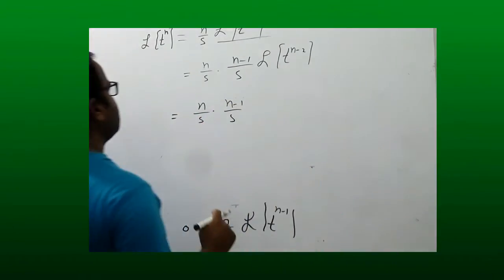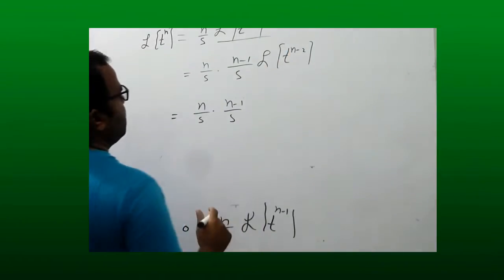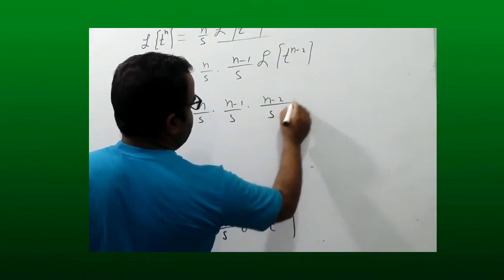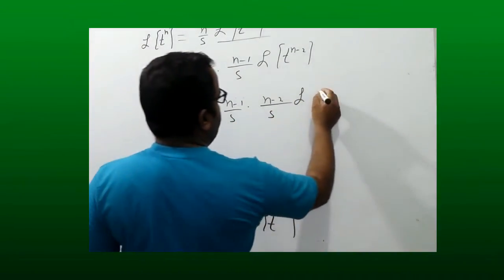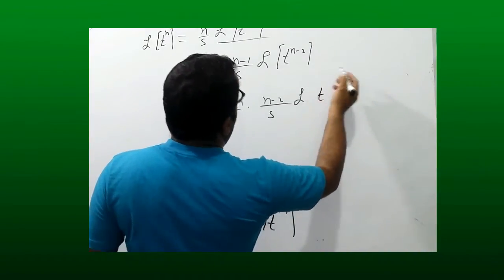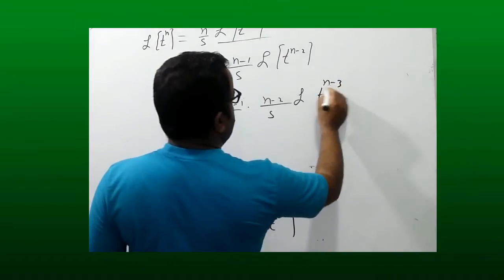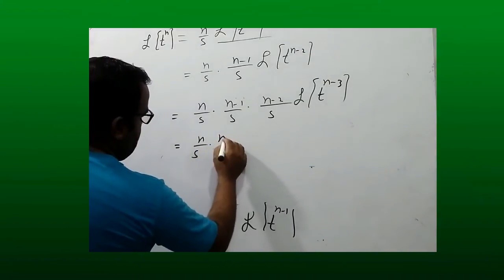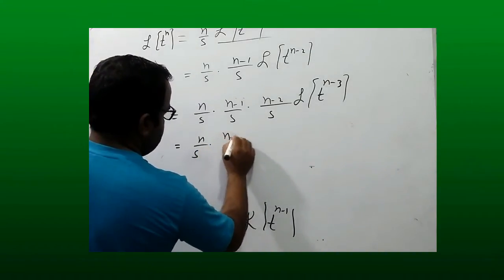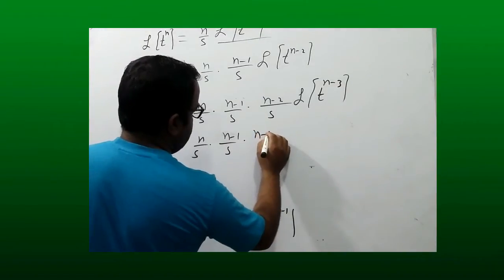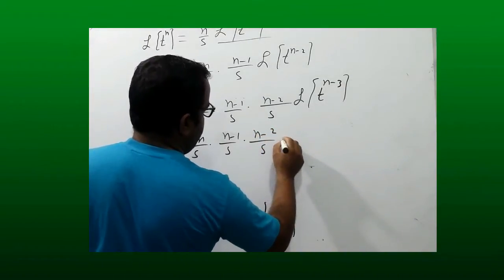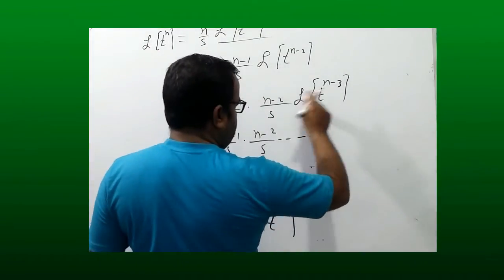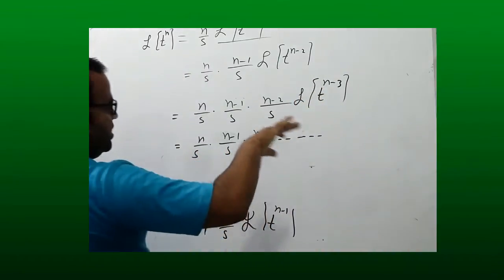When we find the Laplace of t raised to the power n minus 2, it will be n minus 2 over s, and the Laplace of t raised to the power n minus 3. So after finding by n minus 1 over s, n minus 2 over s, and so on, each time the power of t is decreasing.